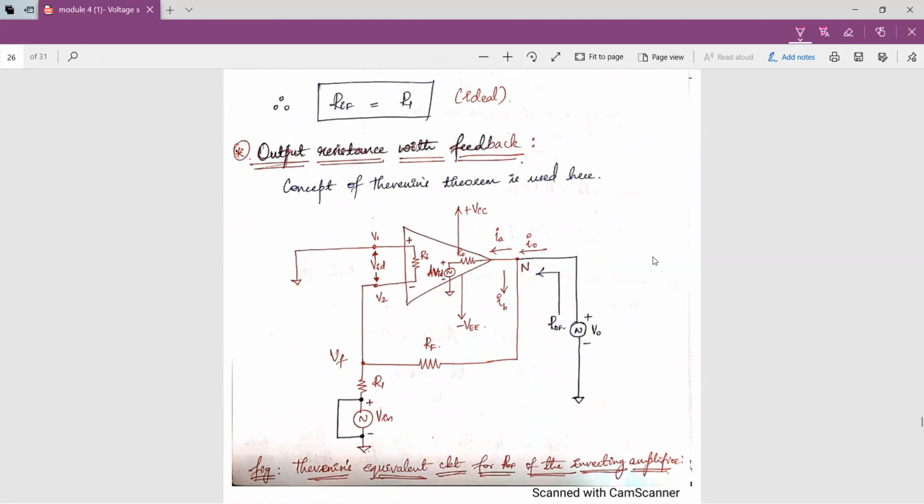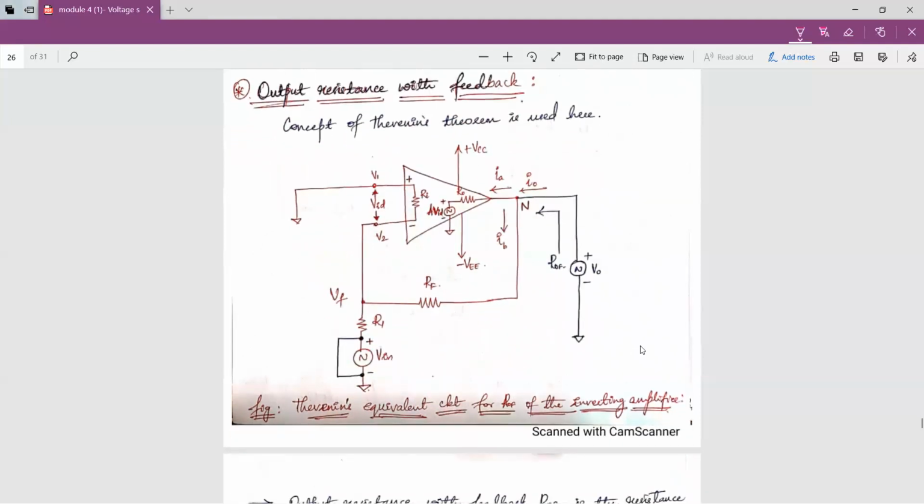And next topic is output resistance with feedback, wherein we use Thevenin's theorem. There are three steps that we need to follow. First one is short circuiting of the input voltage source and inserting one more voltage source at the output terminal, and next step is to find the resulting current from this voltage source, and from this resulting current I'll find out the output resistance with feedback, which is nothing but the resistance seen at the output side.